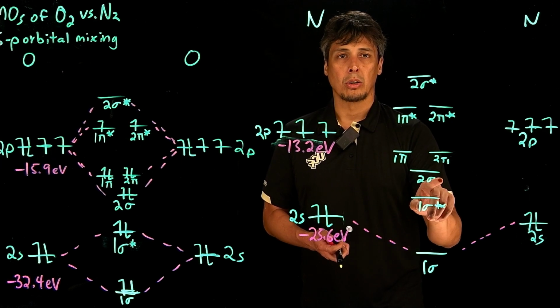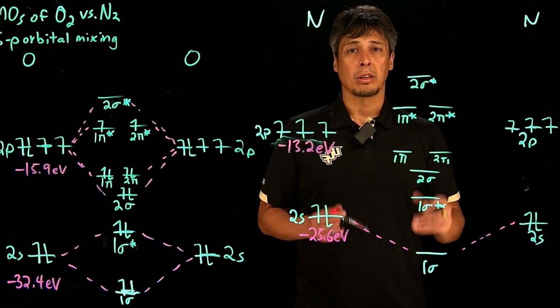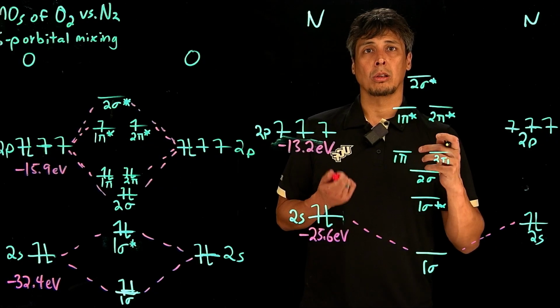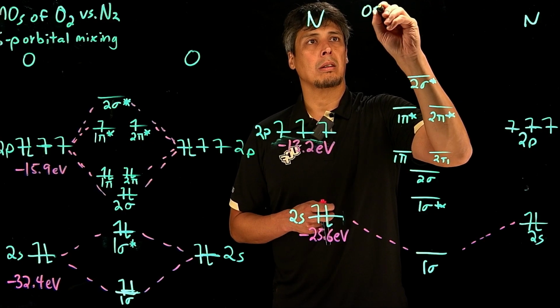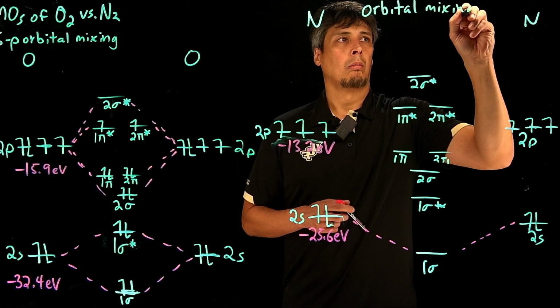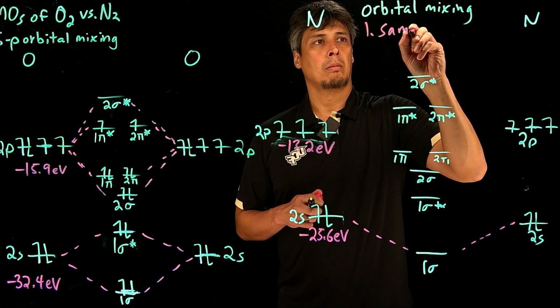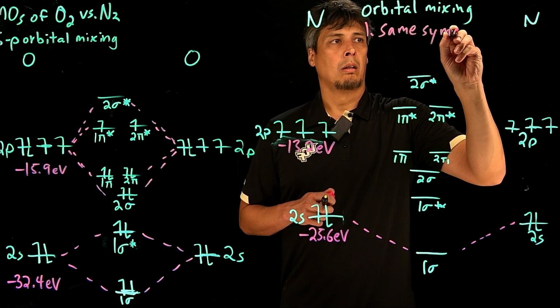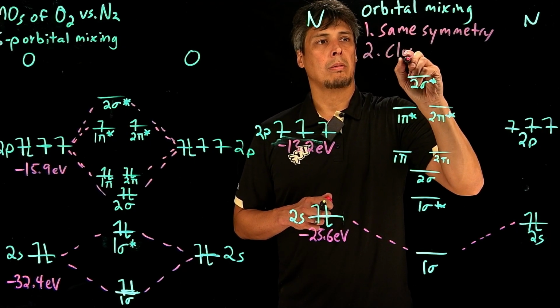These have the same symmetry, and in addition, they're very close in energy. And that yields orbital mixing. So we get orbital mixing when we have same symmetry and orbitals close in energy.